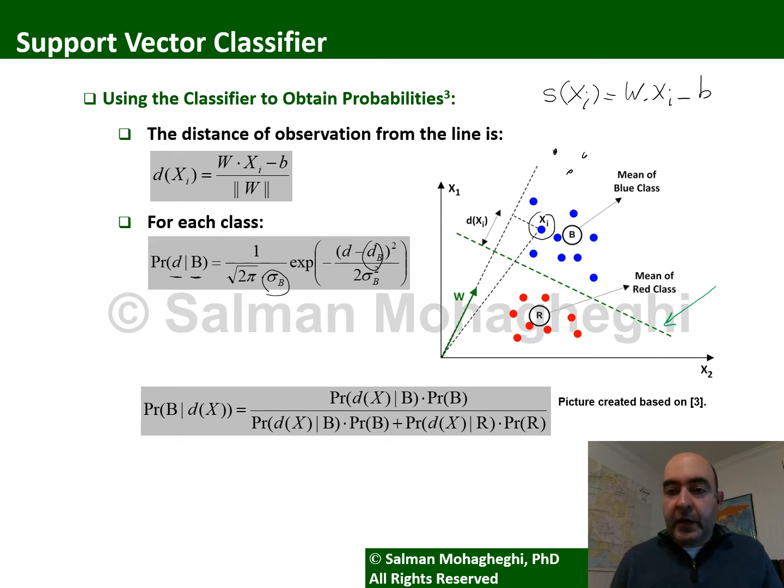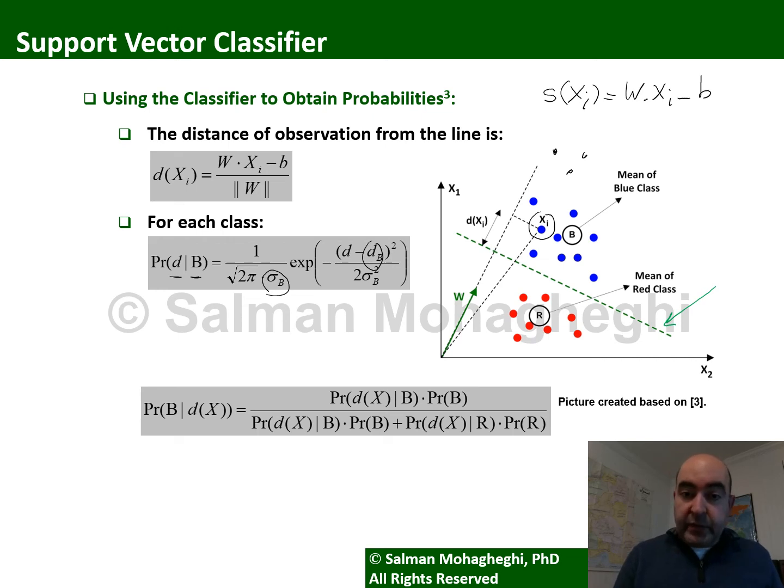The mean value would be the mean distance of class blue from that decision boundary, and the standard deviation would be the variation between the distances of individual observations. By looking at it this way, I can find a probability of a particular observation belonging to class blue or class red. This, however, does not take into account uncertainties.